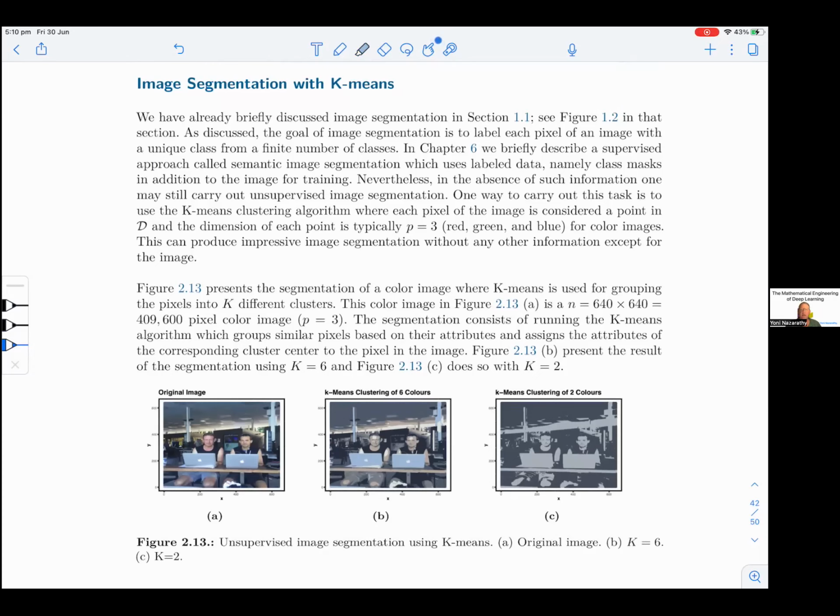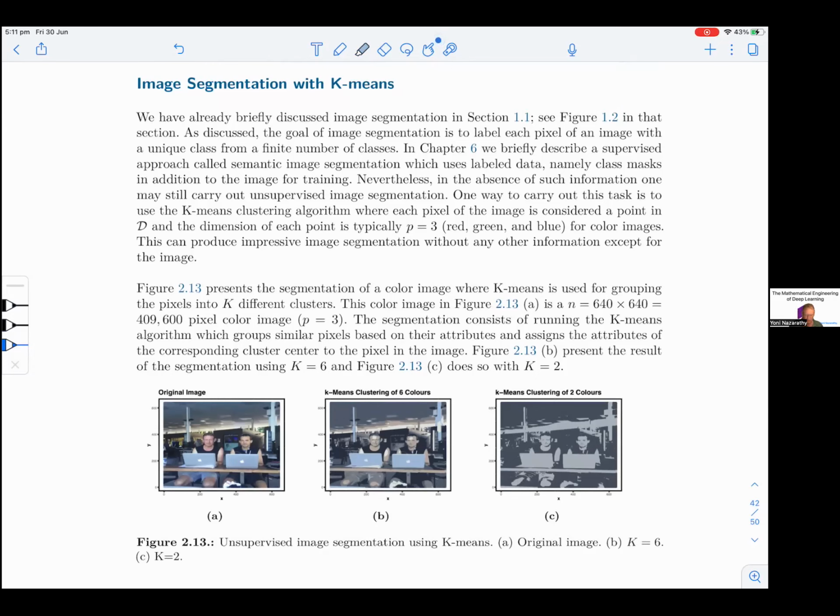One way to carry out this task is to use the k-means clustering algorithm, where each pixel of the image is considered a point in D, and the dimension of each point is typically p equals 3: red, green, and blue for color images. This can produce impressive image segmentation without any other information except for the image.